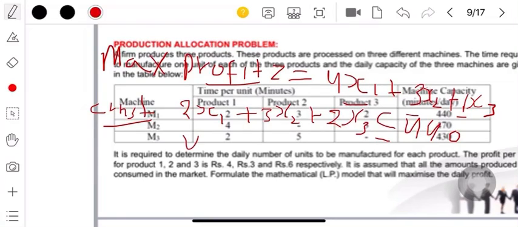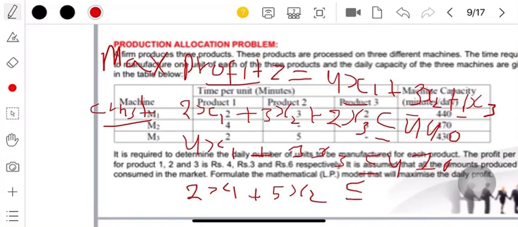Second constraint, 4x1 plus 0x2 plus 3x3 less than or equal to 470, and the last constraint is 2x1 plus 5x2, right, less than or equal to 430.